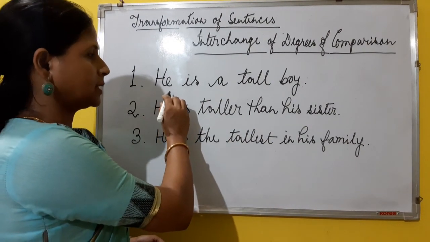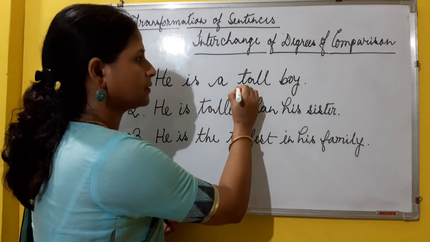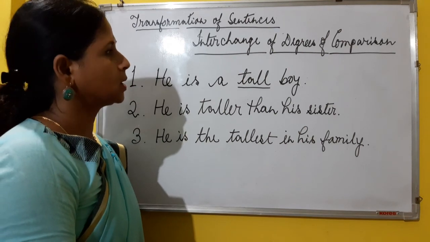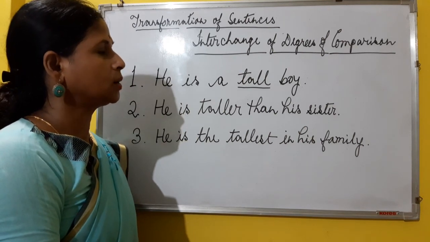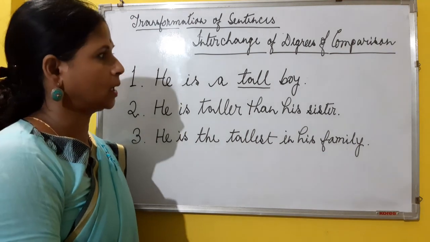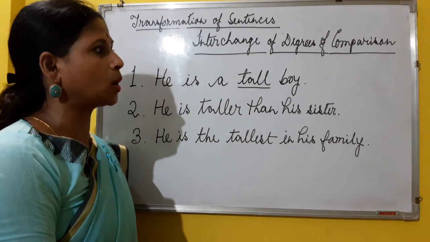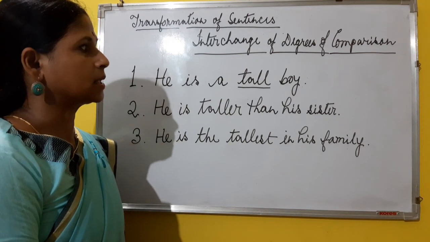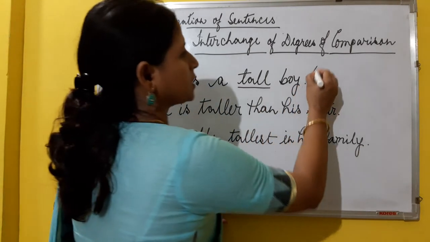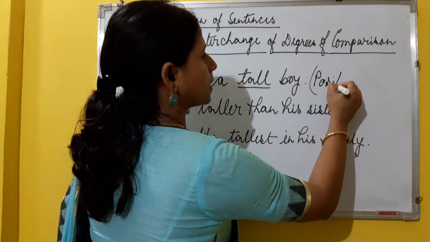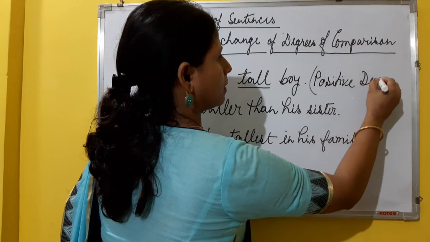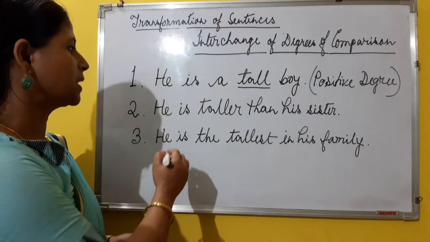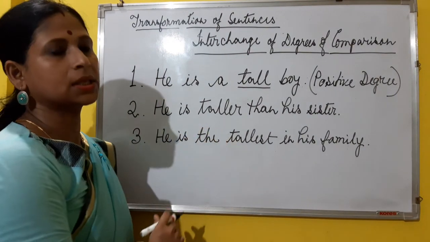Now, in the first sentence, he is a tall boy. The adjective tall is used to mention just a particular quality of the boy. It is not used to compare that quality to anyone else's. And such a sentence is said to be in the positive degree form. In the second sentence, the boy's height is compared to that of his sister.